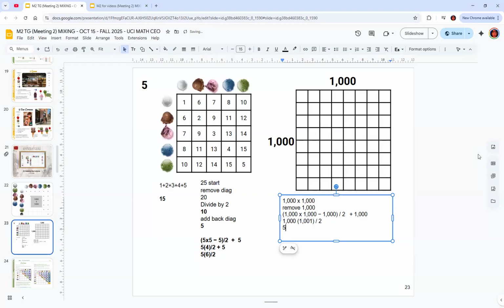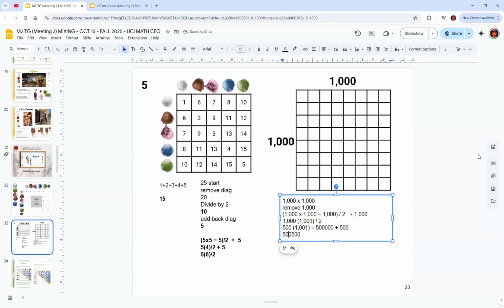So 500 times 1,001, which is equal to, okay, so 500 times 1,000 plus 100 plus 500 again. So they get 500,500.